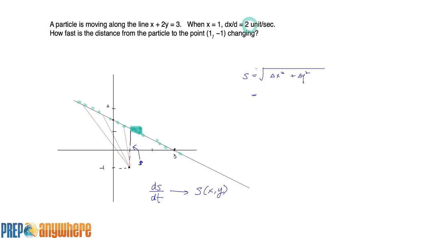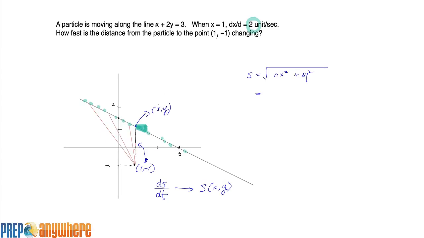This point here is 1, negative 1, and a random point on this line is x, y. I'm referring to the same x and y as in the original equation. So delta x will be x minus 1, and delta y will be y plus 1.